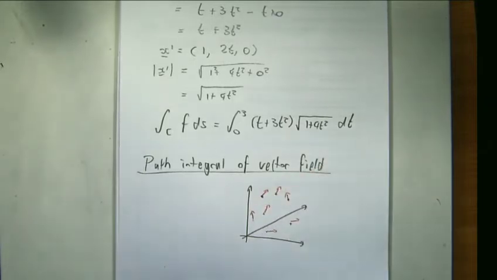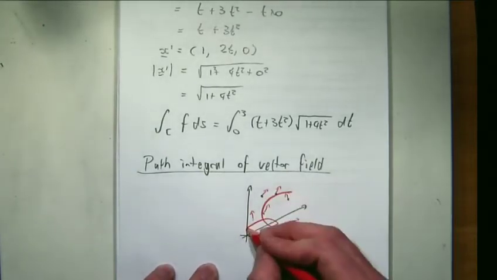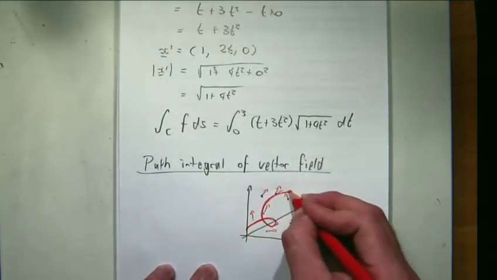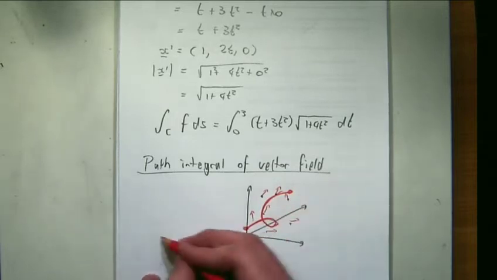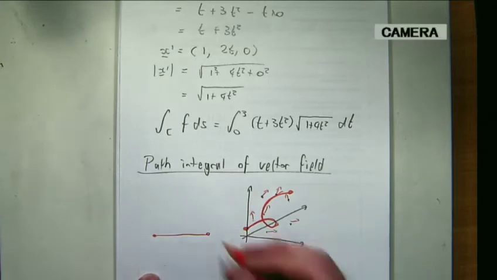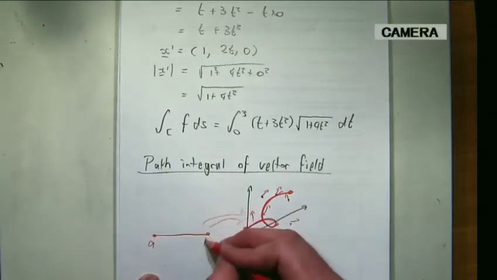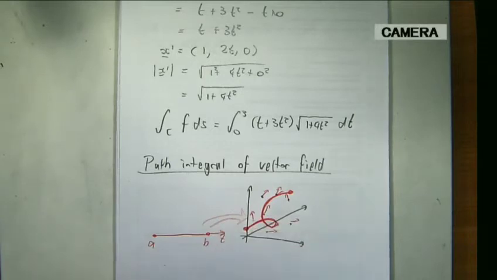That's great. And then somewhere in space there is a path running through this vector field. And your path has been made by using your t-axis from A to B.